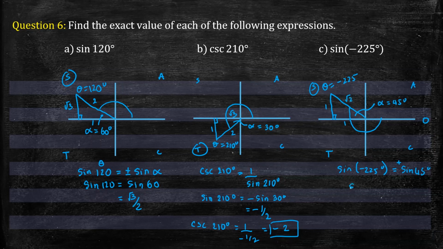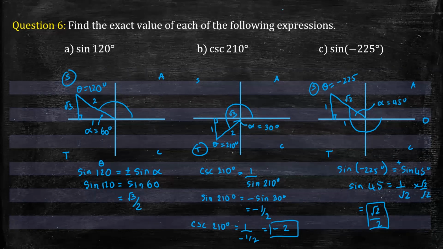So then our answer is going to be opposite on hypotenuse, which is 1 on root 2. And if you like, you can multiply that by root 2 top and bottom, which will give you root 2 on 2 as your final answer. And you can always check these with your calculator to check you've done it correctly.